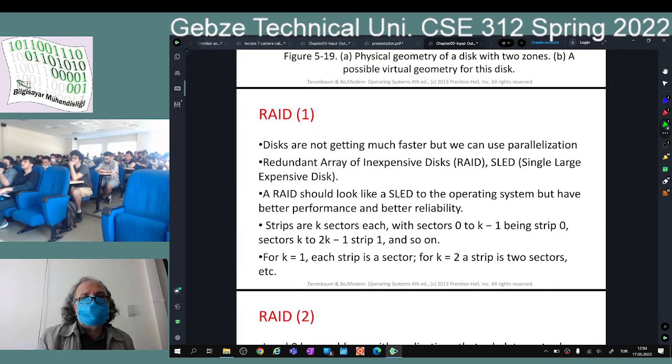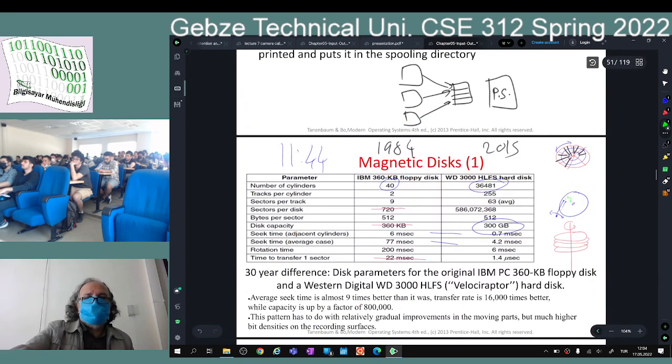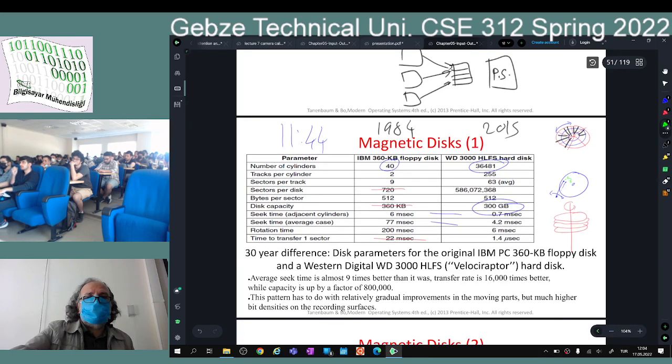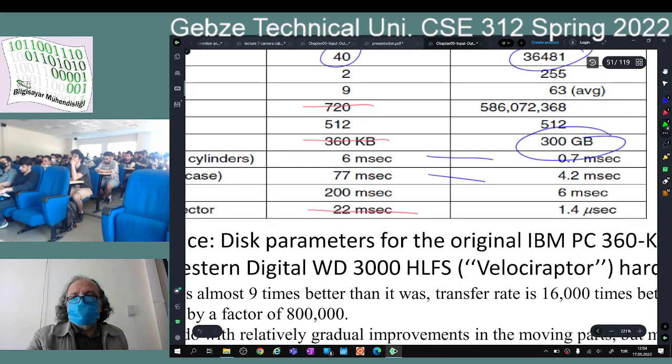Okay, you have many disks, they are cheap. Their rotation times, their seek times are around the state-of-the-art numbers, but they are not the best of the world.